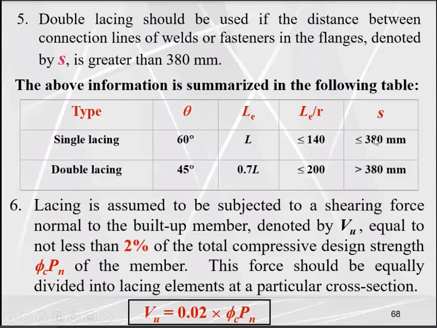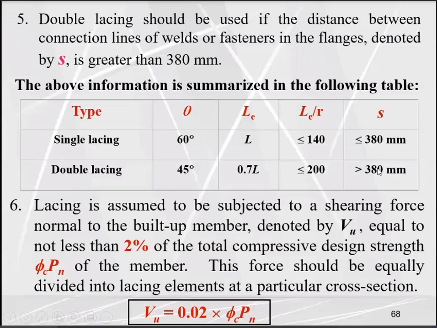If S value is less than 380, we will use the single lacing, and for single lacing we will use the angle 60 degrees starting, and the effective length of the lacing will be equal to the total length, and the slenderness ratio of this lacing should be kept less than or equal to 140.